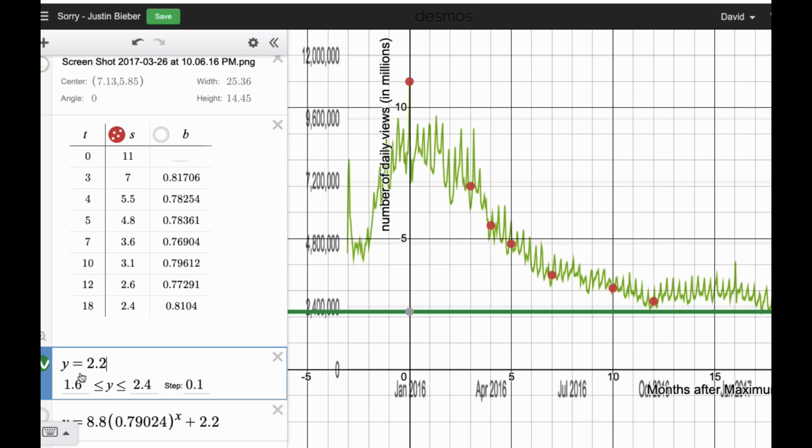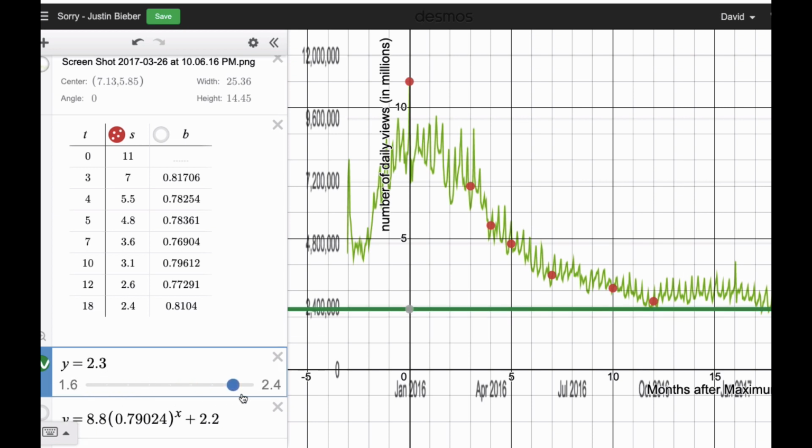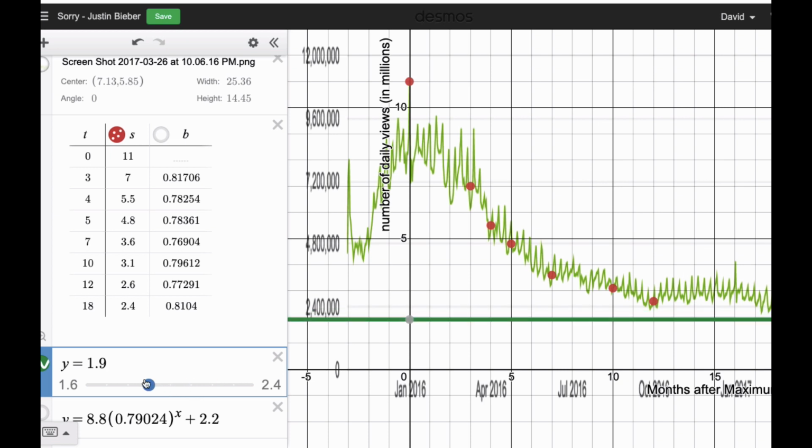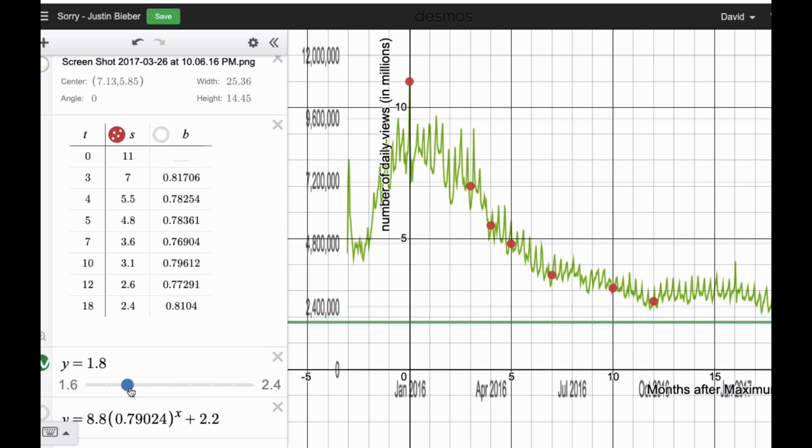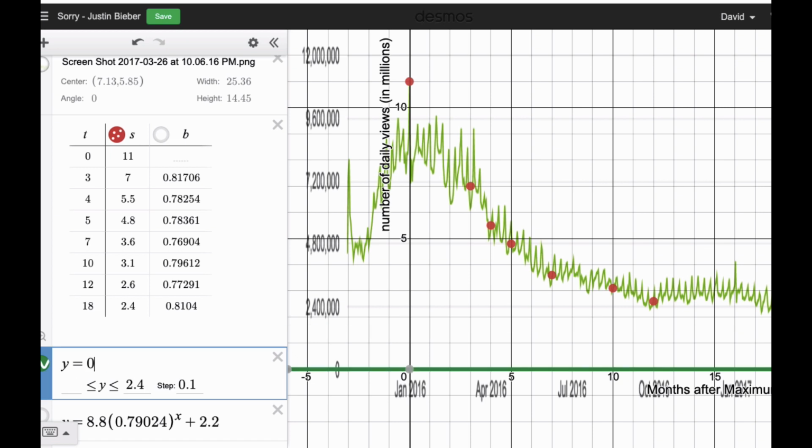I can change this value up and down. I'm trying to choose a value where I believe this data set will never go below. That's what the horizontal asymptote is. I could say it's 0, but I can tell from the data that 0 is not appropriate.